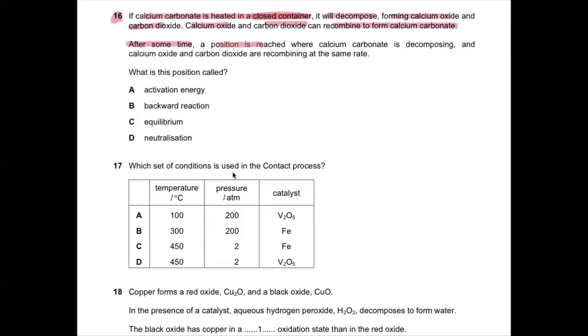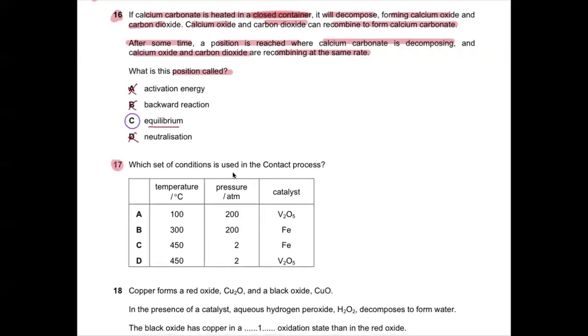After some time, a position is reached where the calcium carbonate is decomposing and calcium oxide and carbon dioxide are recombining at the same rate. What is this position called? It's very easy. When the rates of the forward and backward directions are the same, we call it equilibrium. So A, B, and D go wrong, and C is your correct answer.